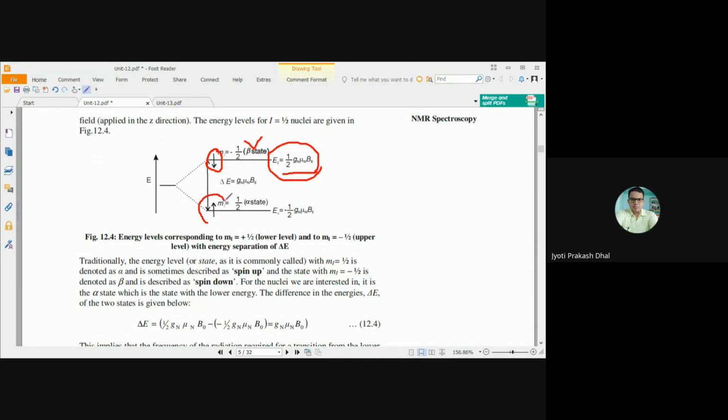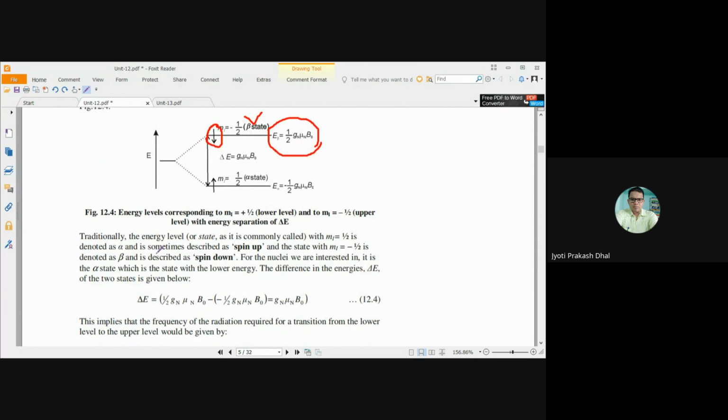If the spin is aligned parallel to the applied external magnetic field B0, then it will be a more stable state, having lower energy. Here mI equals plus half, that is the alpha state, and the energy of the alpha state, E alpha, equals minus half g_n mu_n B0.